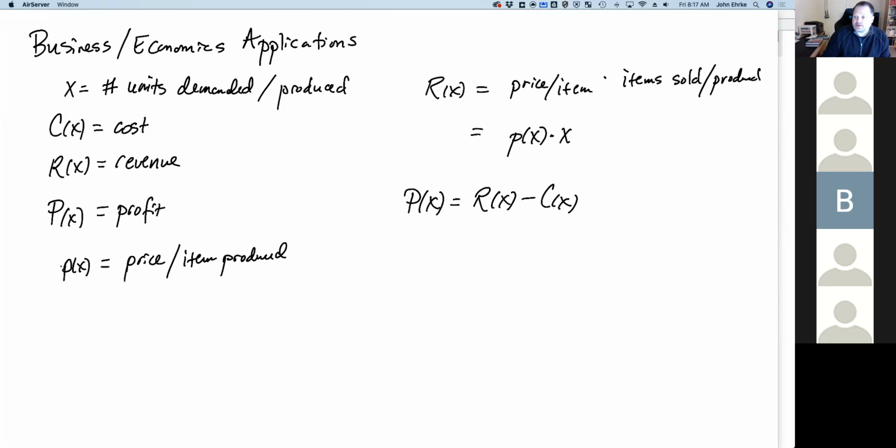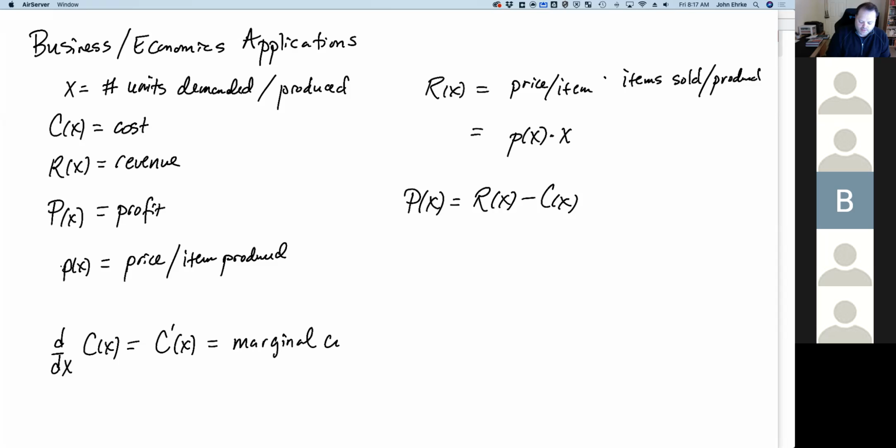But what we want to talk about today is the derivative of these quantities. So if you take the derivative with respect to time, or excuse me, not time derivative, the production derivative. If you take the derivative with respect to X of cost, then this is going to be something we'll call C prime of X, which is called the marginal cost.